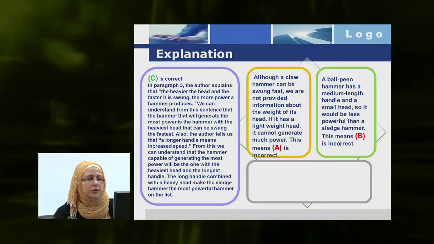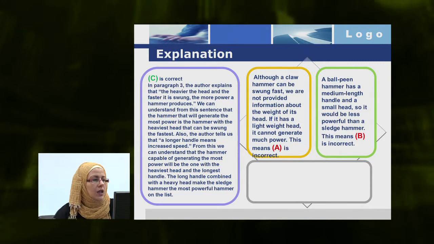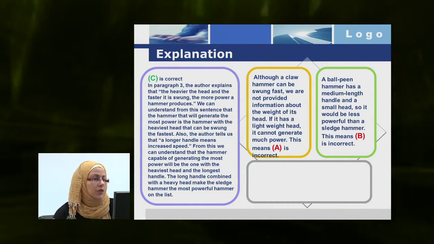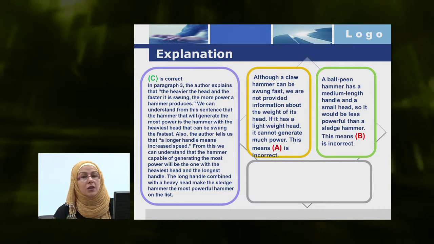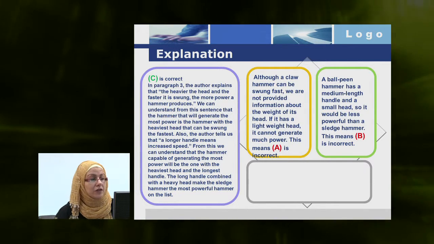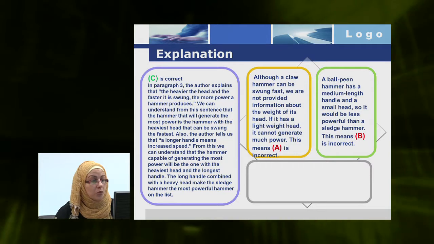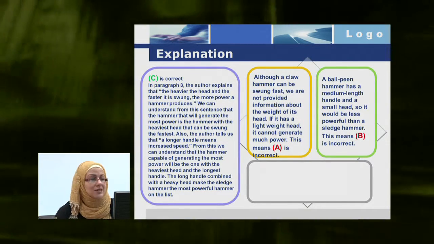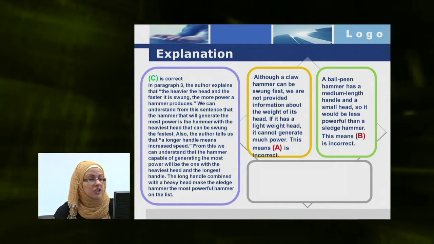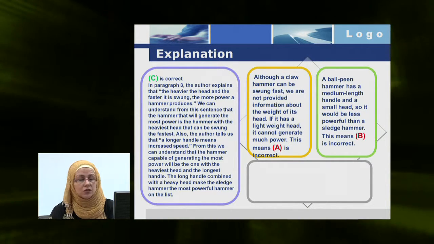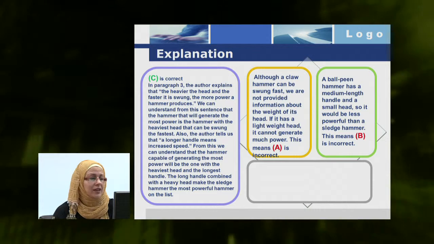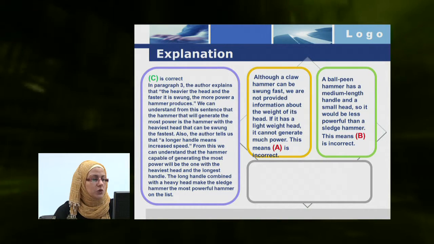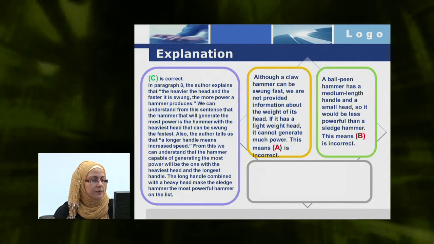C is the correct one. Why? Because in paragraph 3, the author explains that the heavier the head and the faster it is swung, the more power a hammer produces. We can understand from this sentence that the hammer that will generate the most power is the hammer with the heaviest head that can be swung the fastest.